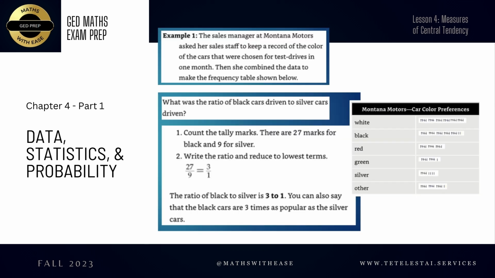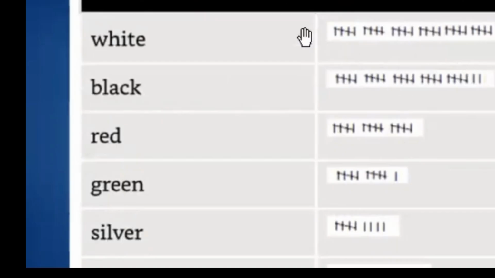So here is an example of a frequency table that's presenting us information using tally marks, okay? So every time you see a line going through the tally, you know that that immediately represents 5, okay?